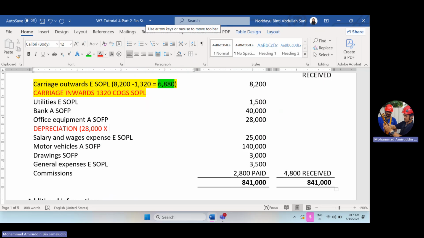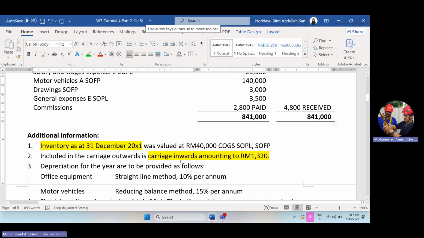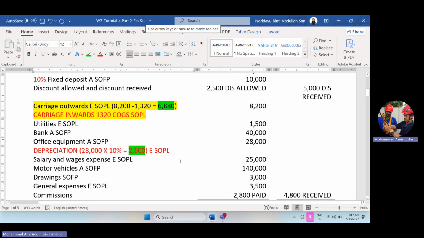28,000 multiply 10% the depreciation rate. So I get 2,800. So what is this? This is our expenses which are charged to our SOPL. So how much? 2,800. Maybe you need a few highlighters with different colors in the exam so that you're not confused.